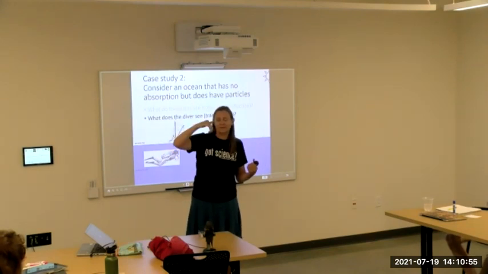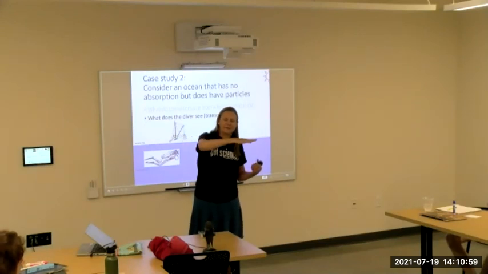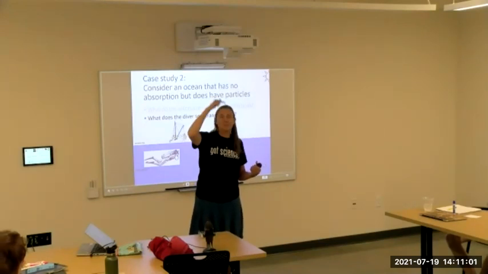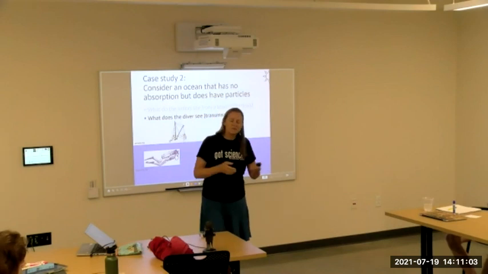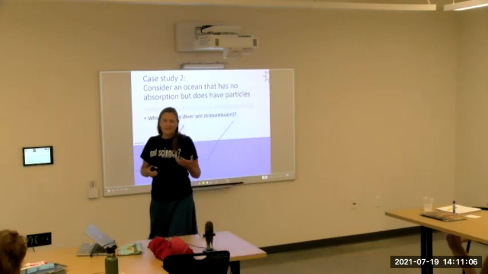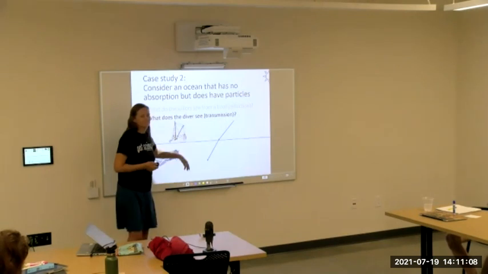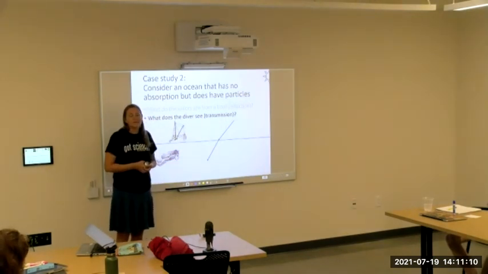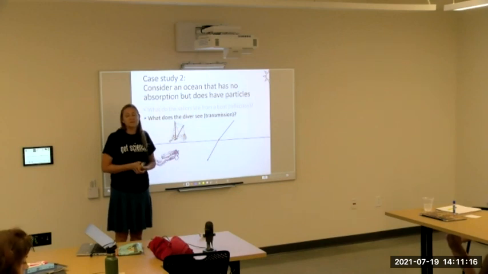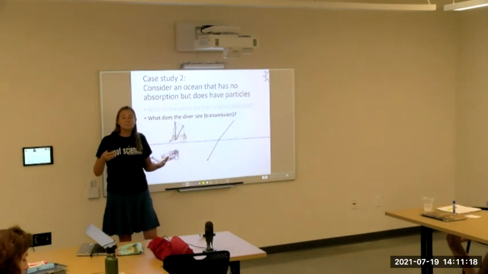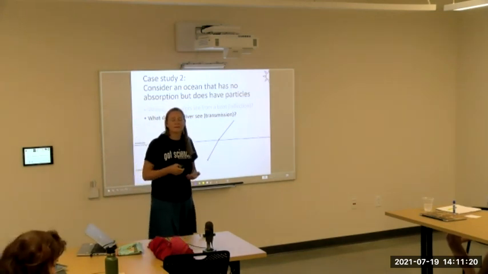It could get scattered in the forward direction, or in the backward direction. But it turns out you could make the ocean bright all the way down if there was zero absorption, because there's no loss. And so you get an equilibrium of light coming in and light coming out.